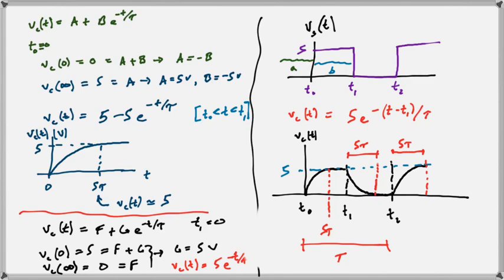I know it's kind of hard to imagine, but that's what's happening. Because tau is RC, you could imagine using different values of R or C that make the circuit too slow for keeping up with the unit step input.